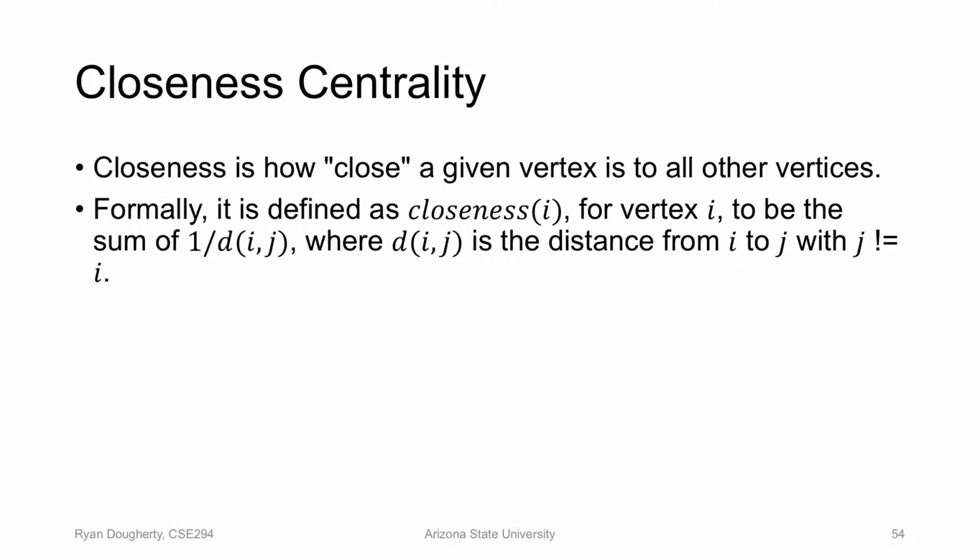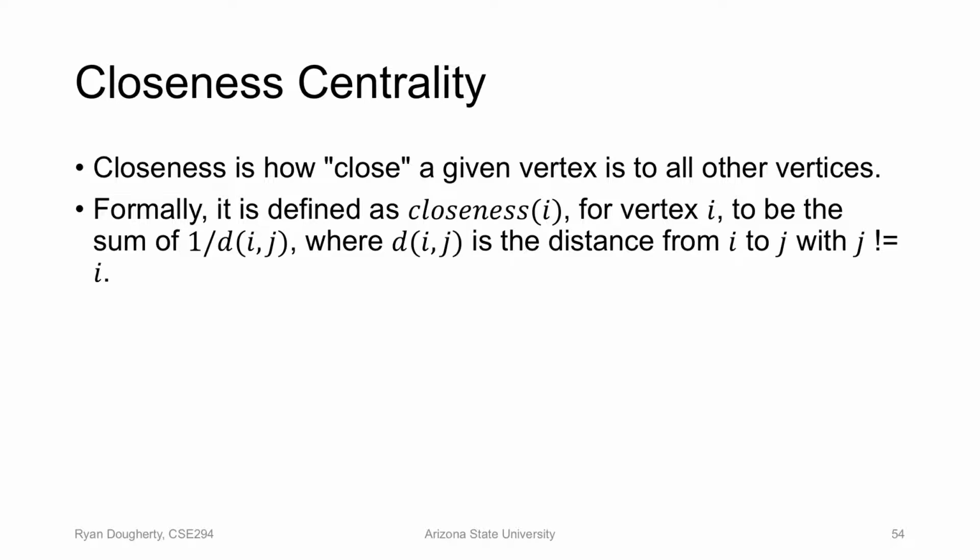So let's think about that. Let's say that we're looking at a vertex which has the smallest average distance to everywhere else. So it really is the closest one. So if we add up all of the d_ij's, all of the distances, then it's the smallest, right? Because it's the closest to every other vertex.